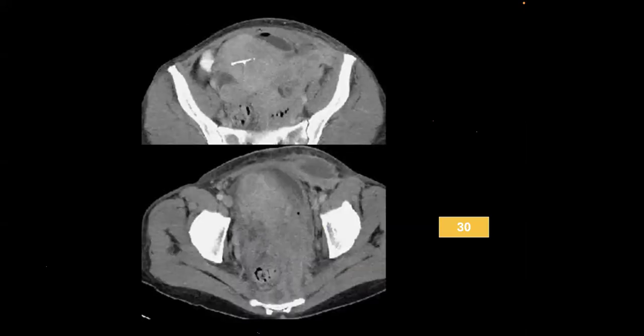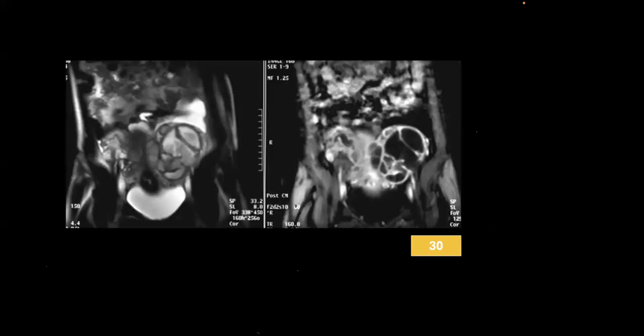30. So this is an MRI image of the same ultrasound image.